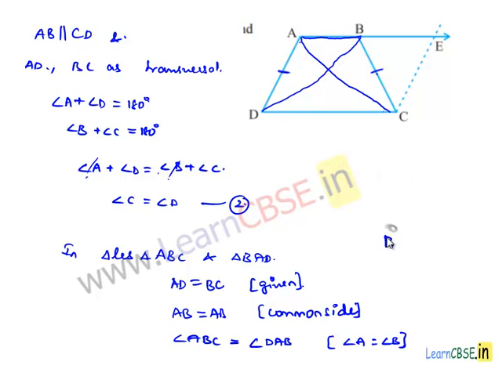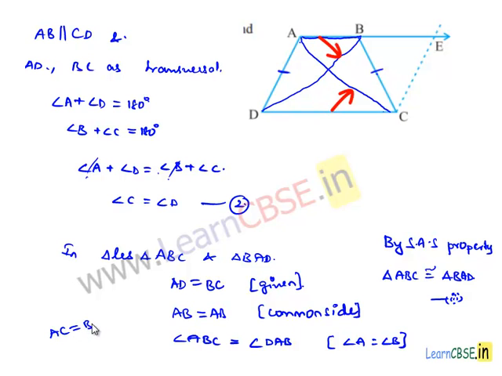Therefore, by SAS property, as two sides and the included angles in both the triangles are equal, we can say triangle ABC is congruent to triangle BAD. We know that when two triangles are congruent, then their corresponding sides can be equated. So here we can equate the corresponding sides, that is AC is equal to BD. This is what our fourth proof required.